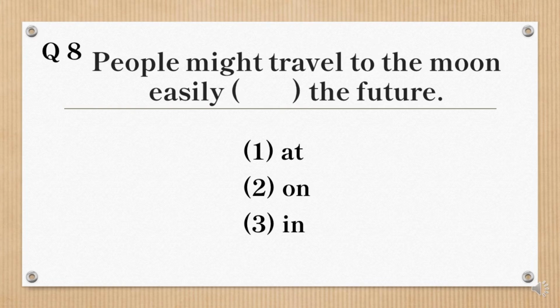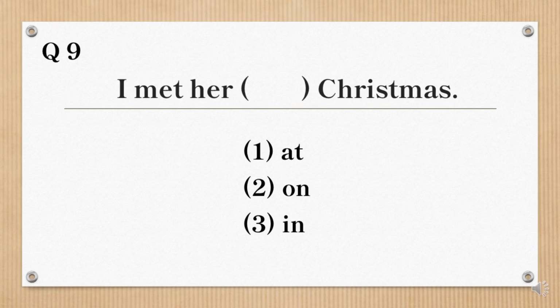Question 8. People might travel to the moon easily the future. In. People might travel to the moon easily in the future. Future is longer than a day, so we use in. Question 9. I met her Christmas.